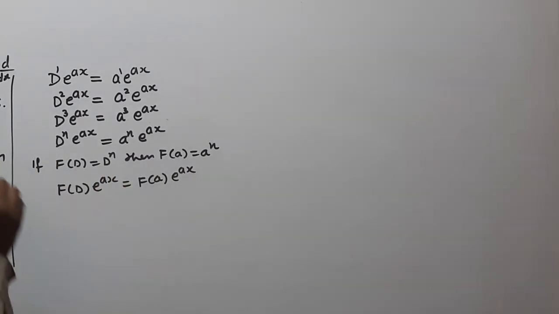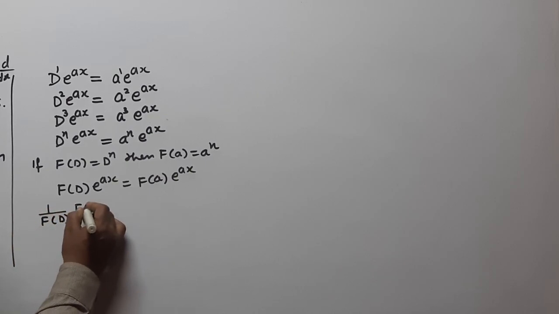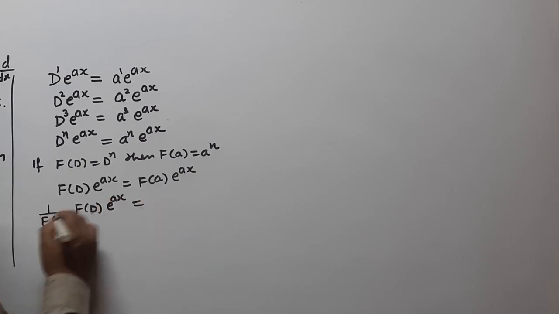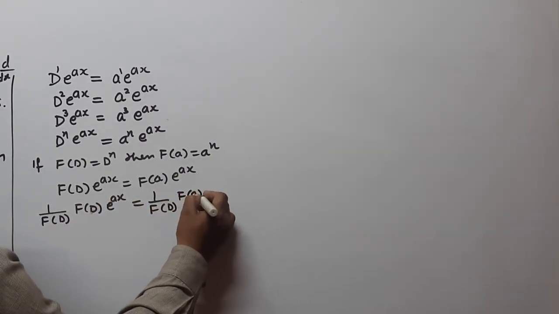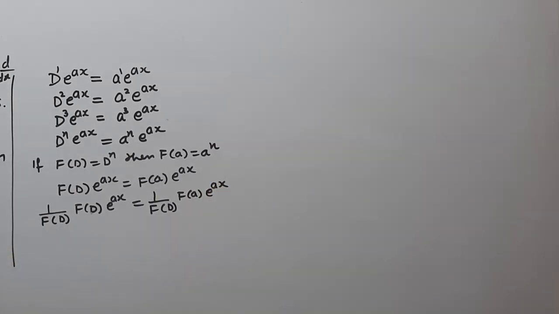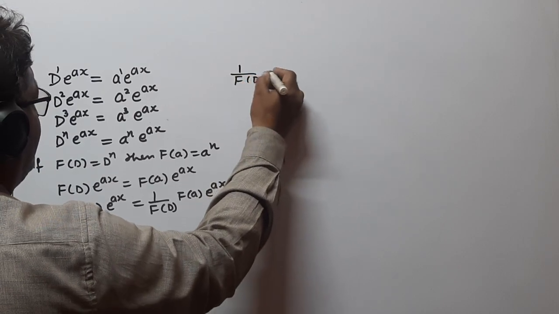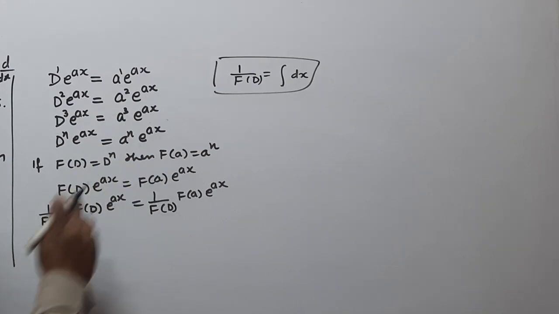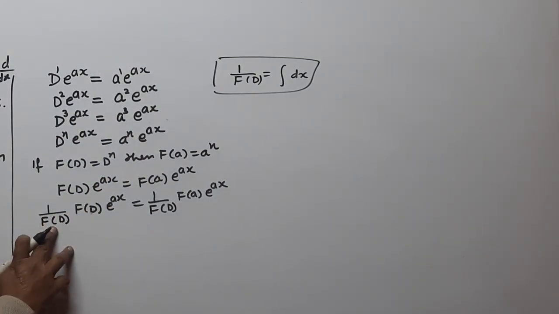Now we multiply both sides by 1 upon f(D). f(D) is the differential operator, and 1 upon f(D) means the integral operator.